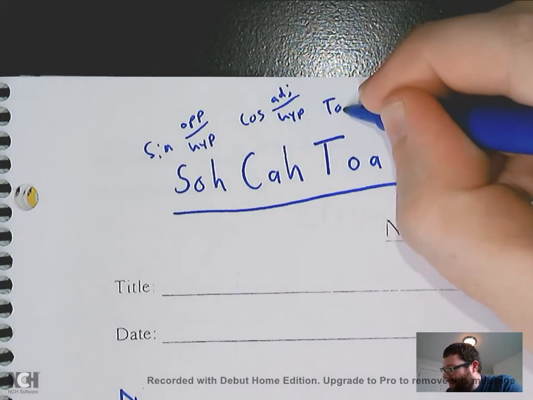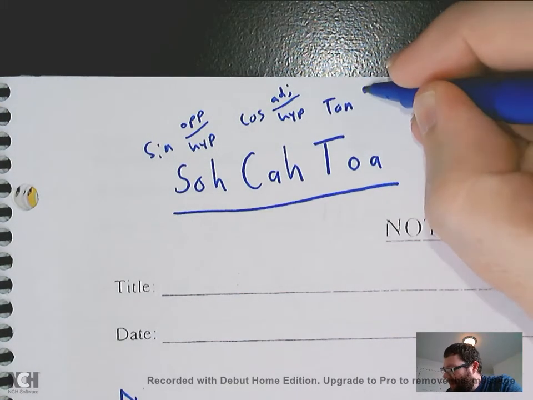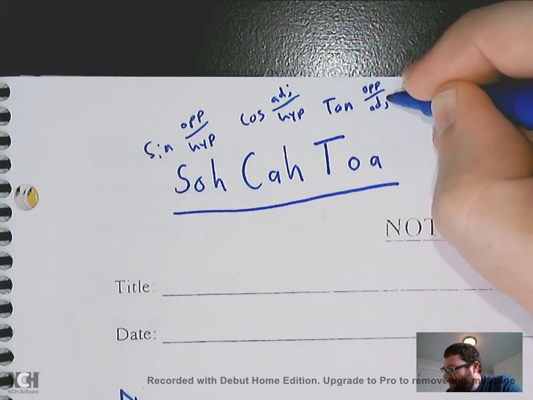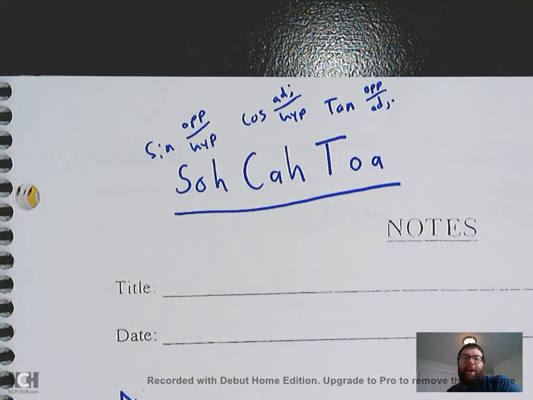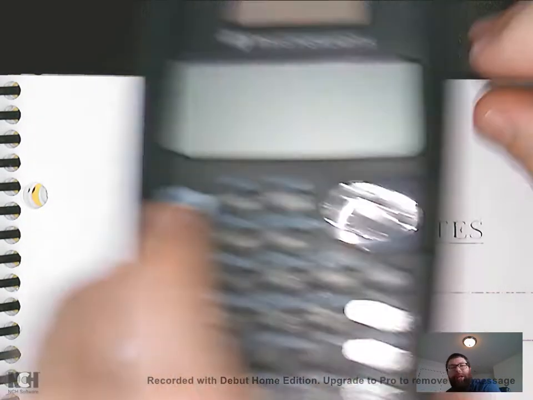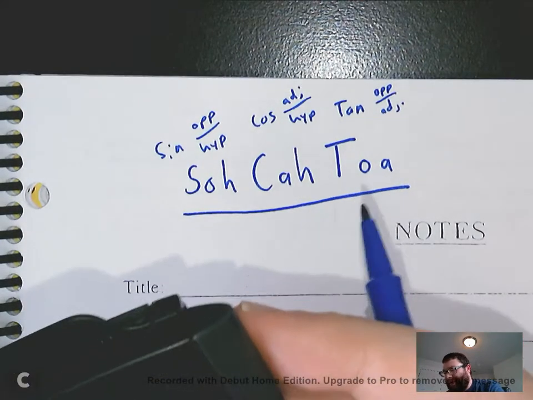And tangent is opposite over adjacent. Okay, so that's basically our trick to setting these up, and you need a calculator with a sine, cosine, tangent button on it in order to do all these fun things.